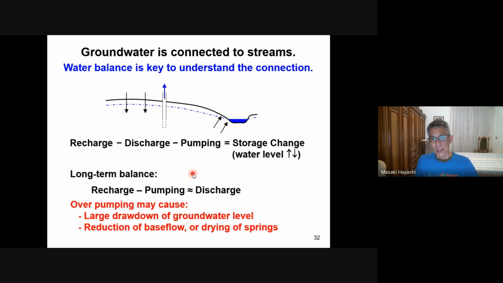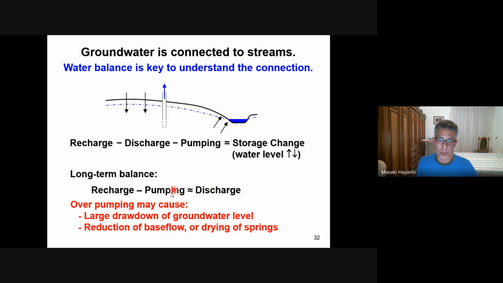Now, if you start overpumping from the watershed, from some aquifers, that can cause a large drawdown of water level. So this water level is going to go down. And when you allow this to happen, the next long-term balance might be reached.